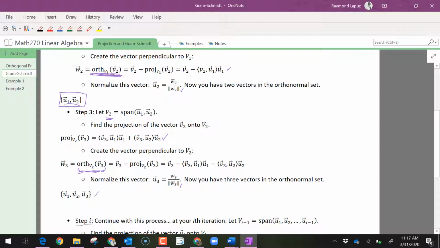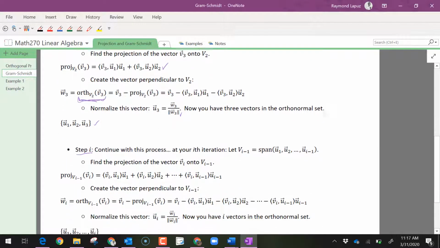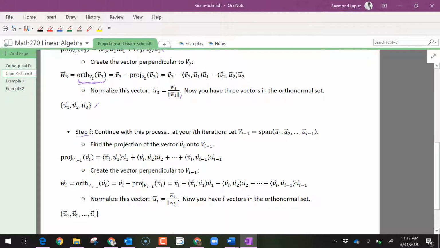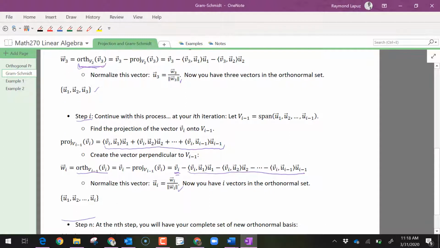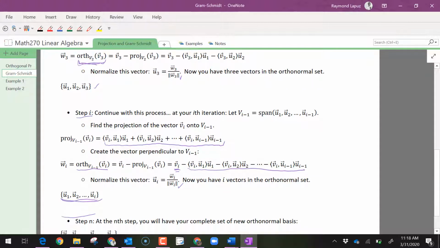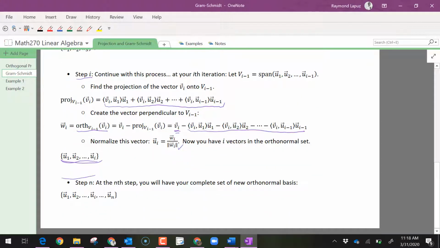So we keep going in this process, and it will involve a longer and longer formula based on a projection. Then we take that value of projection and subtract it from the vector that we're currently dealing with, and we get our orthogonal vector. Then we normalize it, and now we've added another one to our set. We're going to keep doing this until we complete our basis. Alright, so that's the process, and we will take a look at a few examples.